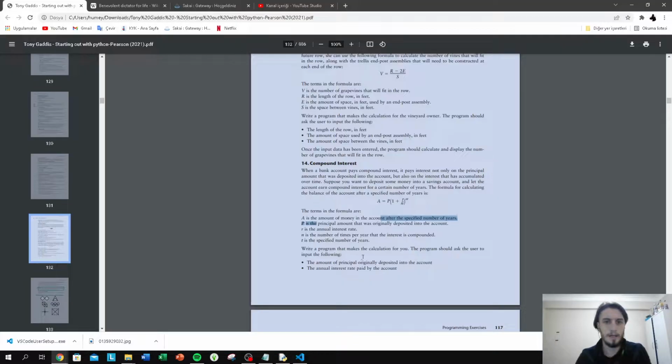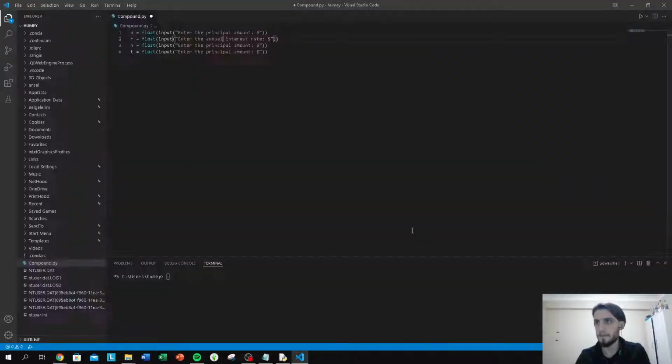Enter N, the number of times per year interest is compounded. We don't have to use dollar here, or here. And T is the time. Okay, enter the number of years.